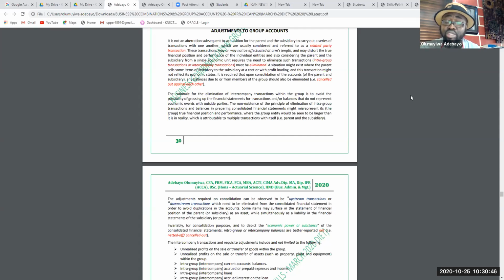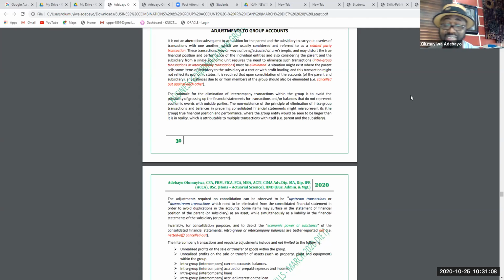It's just a notional profit, which from the consolidation perspective, such profit does not exist and has to be eliminated. Which then means that as a result of group transactions, there might be need to identify profit that is realized away from profit that is not realized.